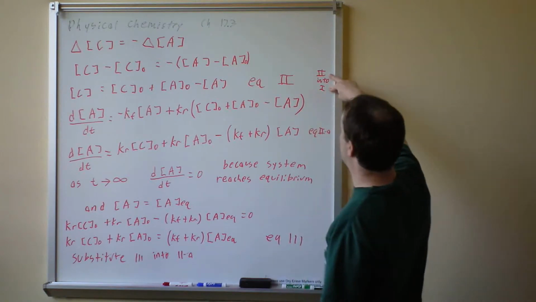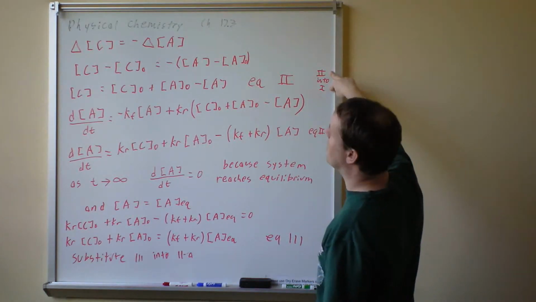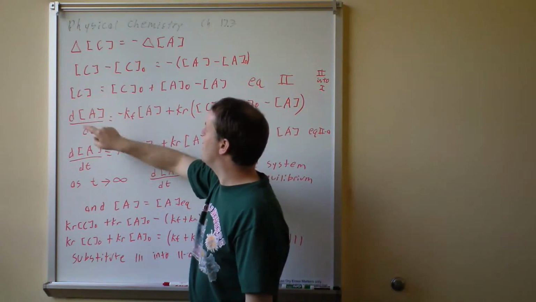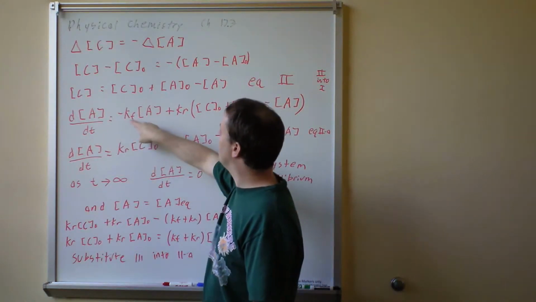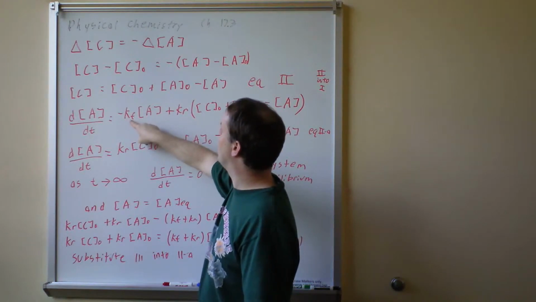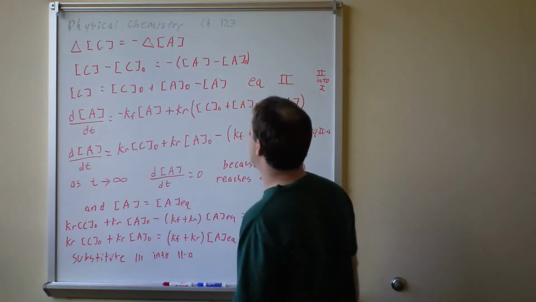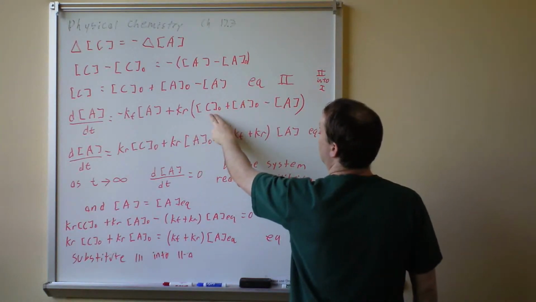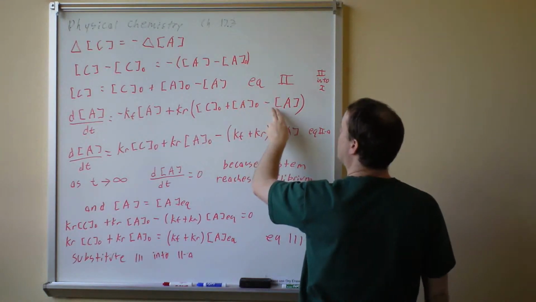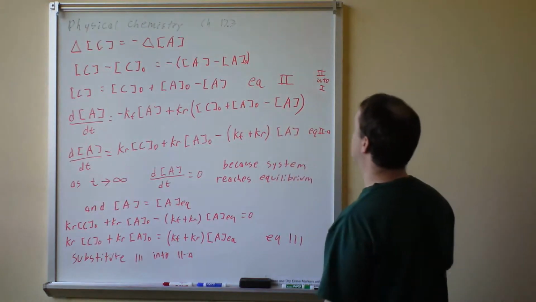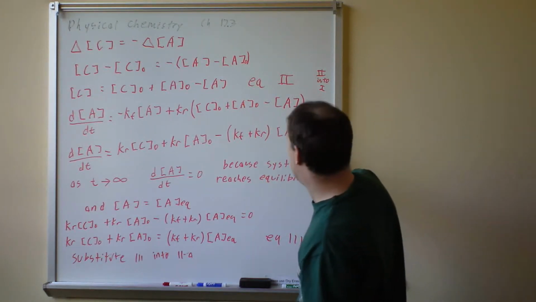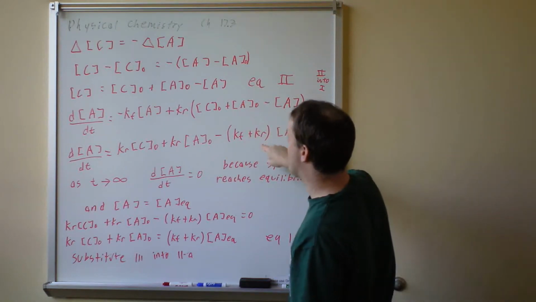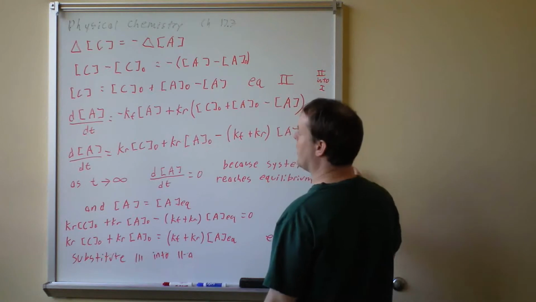And we want to substitute this equation 2 into equation 1 on the previous slide. So we get the derivative of the concentration of A with respect to time is equal to minus the forward reaction constant times the concentration of A, plus the reverse reaction constant times the initial concentration of C plus the initial concentration of A minus the concentration of A. So we did a little rearranging here.